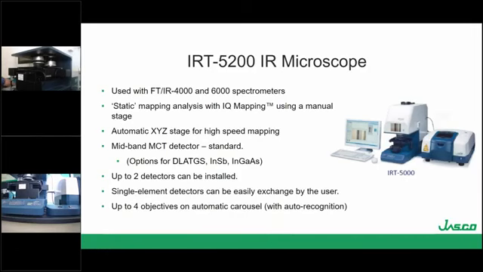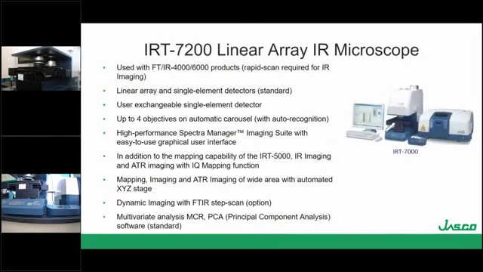The IRT 7200 is very similar to the IRT 5200. It is designed for the series 4000, 6000 bench, with the additional feature that it can use rapid scan, and uses the linear array as a standard feature.